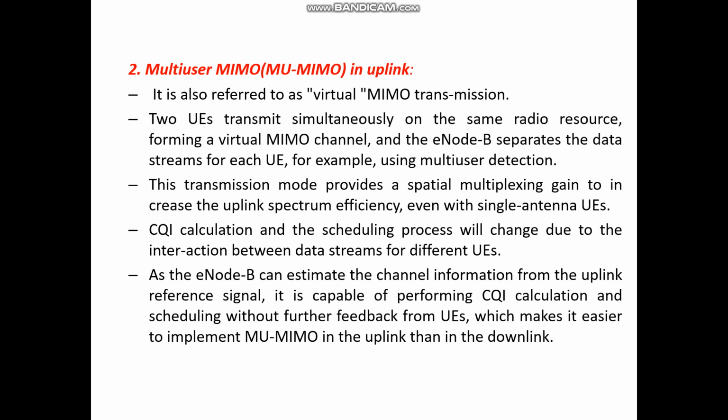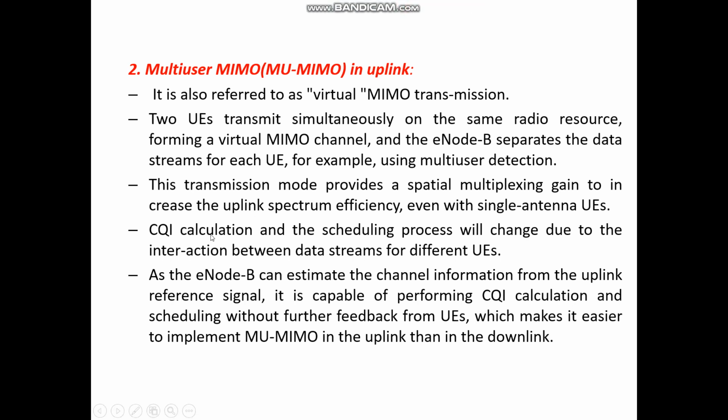And the eNode B separates the data streams for each user equipment, for example, using multi-user detection. This transmission mode provides a spatial multiplexing gain to increase the uplink spectrum efficiency even with single antenna user equipments.